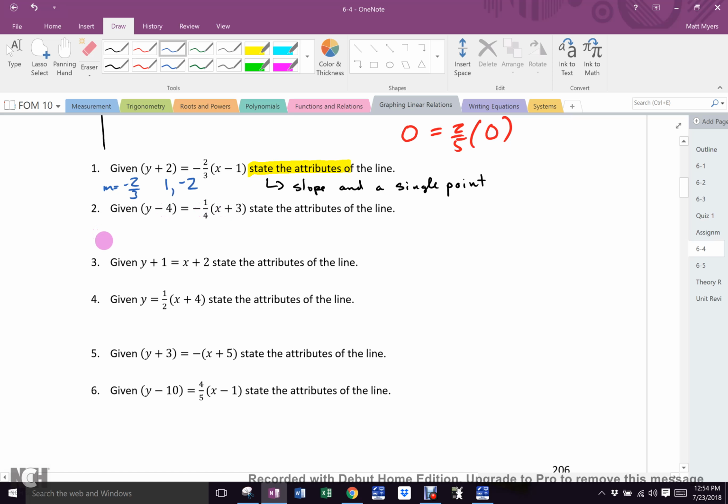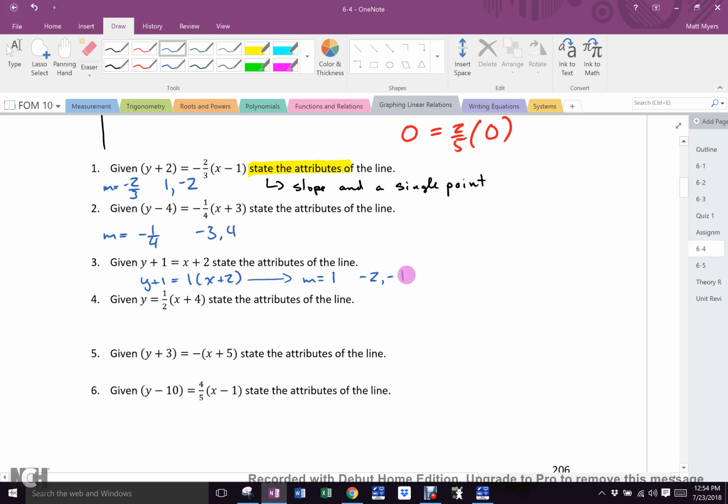What about this one? What's my m? Negative 1/4. What is the point on the graph? Negative 3, 4. Uh-oh, this one looks different. If it looks different, is the math different? No, because what this really is is y plus 1 equals 1 times x plus 2. So now, what is my slope? 1, and what is my point? Negative 2, negative 1.